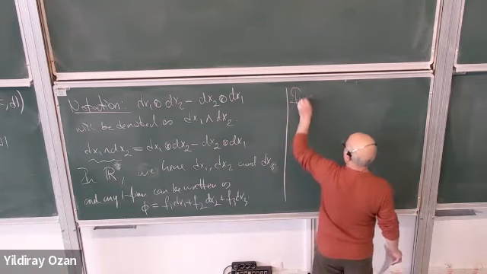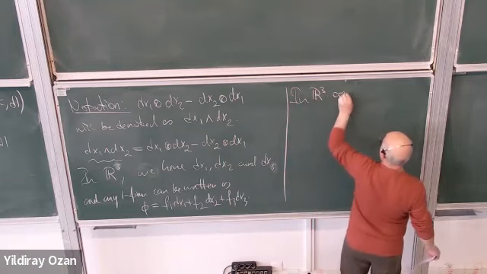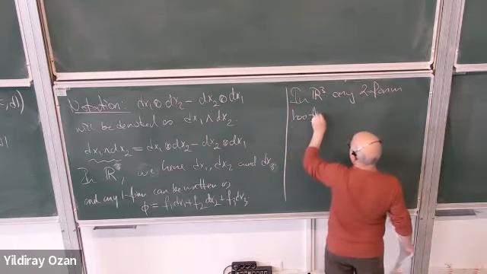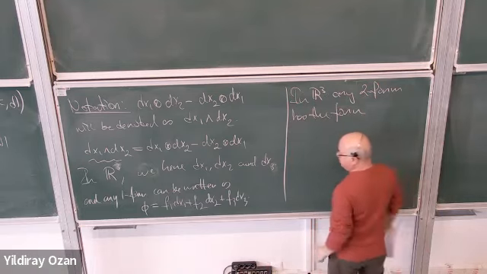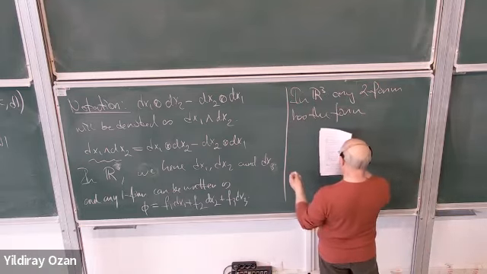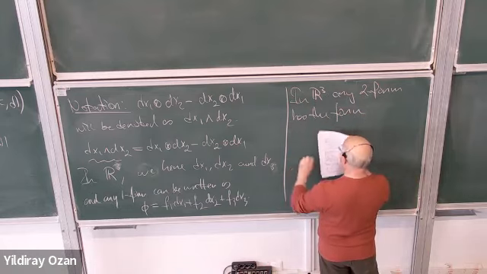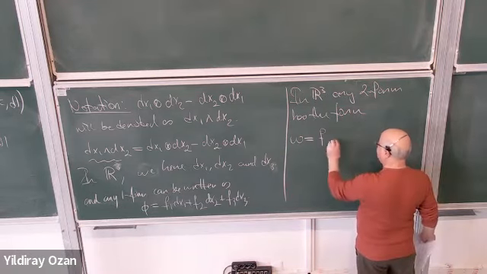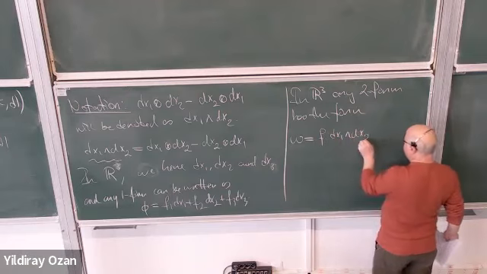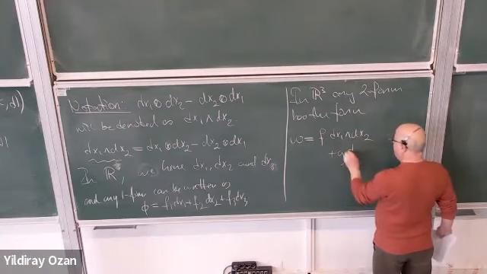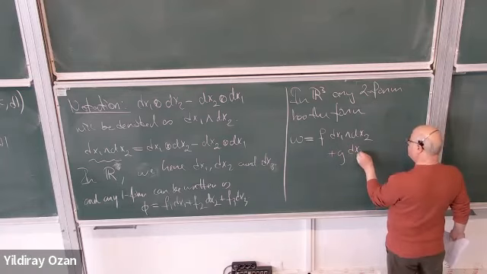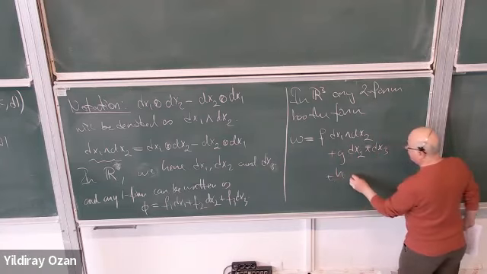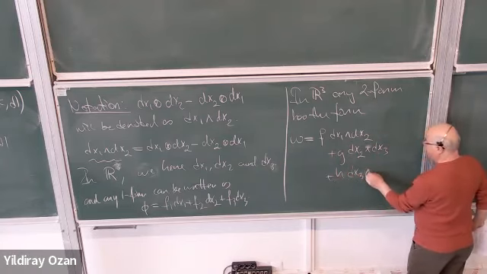So in R3, any two form has the form, let me call it omega: F times dx1 wedge dx2 plus G times dx2 wedge dx3 plus H times dx3 wedge dx1.